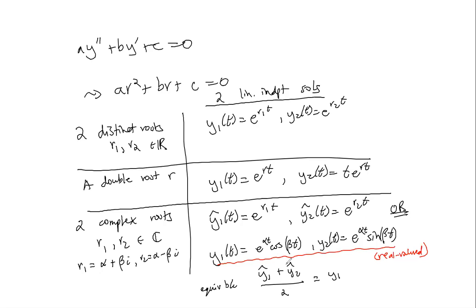So there's a certain linear combination that gives you y1. The span of the bottom two is going to be the same as the span of the top two. We're just picking a different basis. And y1 hat minus y2 hat over 2i will be y2.